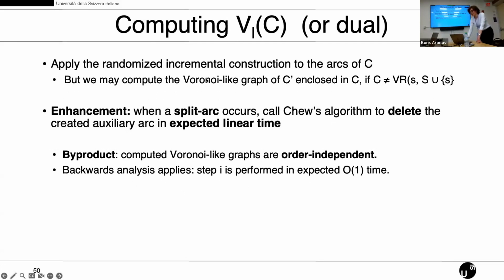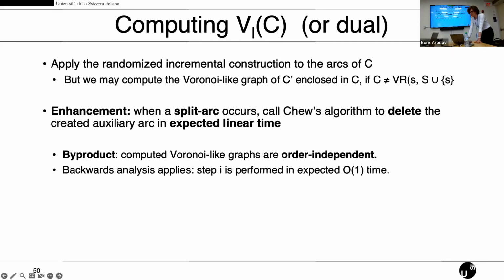So we need to enhance the incremental construction. So when a split arc occurs, we just call the Chew algorithm and delete the created auxiliary arcs in expected linear time. We can do that because we have points and we know how the Chew algorithm works to delete a point in a Voronoi diagram.